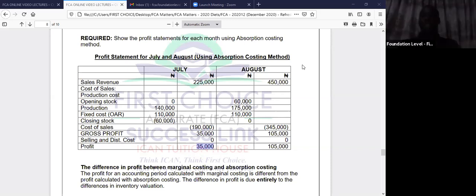Sorry for the break in transmission. I'm back now. Okay, now we've been describing when there is no closing stock and there is opening stock. And we said when there is opening stock, it increases your cost. And when your cost increases, your profit will reduce.